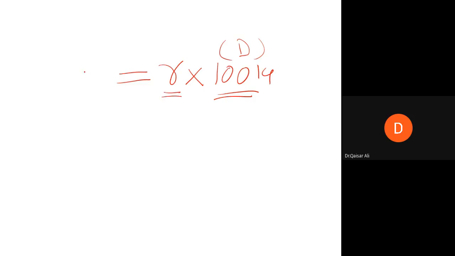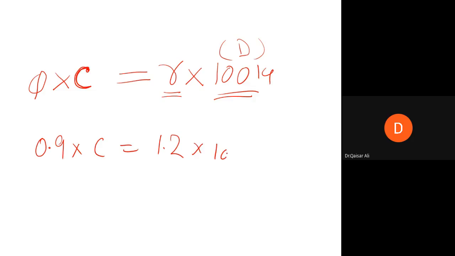And your capacity, let's say C, is the capacity that your trainer wants to build, multiplied by a factor phi, which is less than 1. So let's say this factor is 0.9. 0.9 times C equals, let's say this gamma is 1.2, 1.2 times 100. So your capacity C should be equal to 1.2 times 100 divided by 0.9, equal to how much?